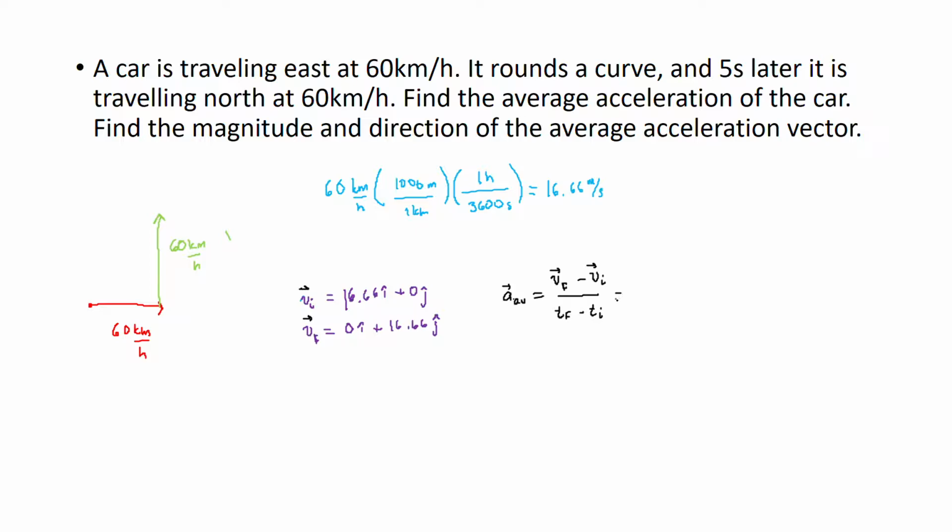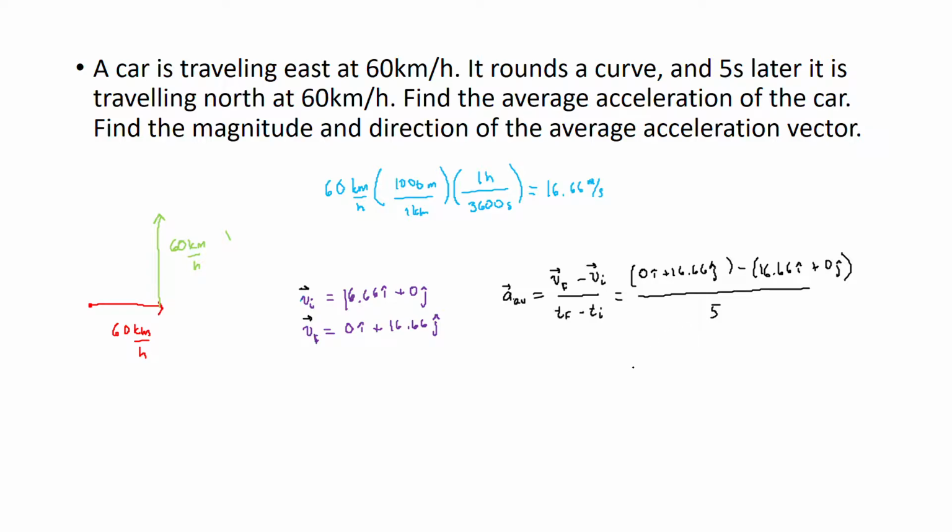Okay, that is, final velocity would be just 0i plus 16.66 j minus 16.66 in i plus 0j, and all of this divided over 5.